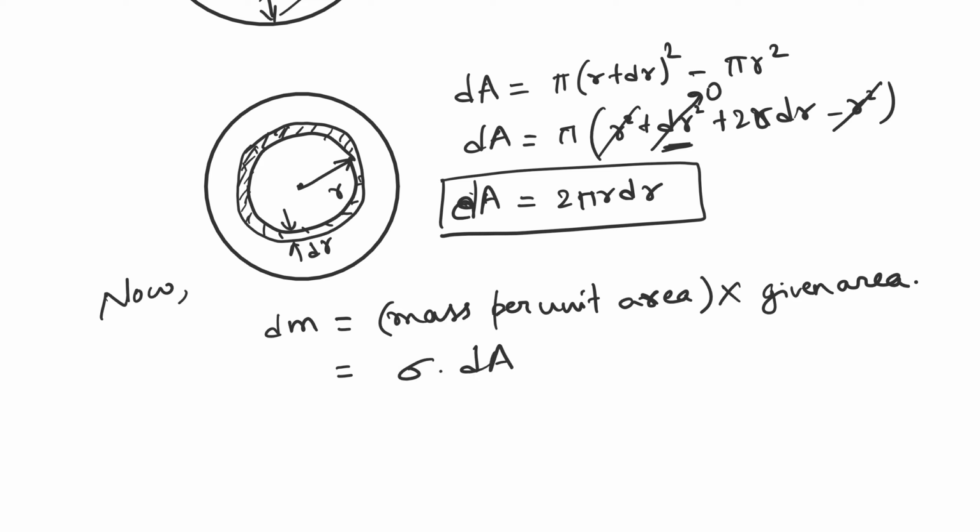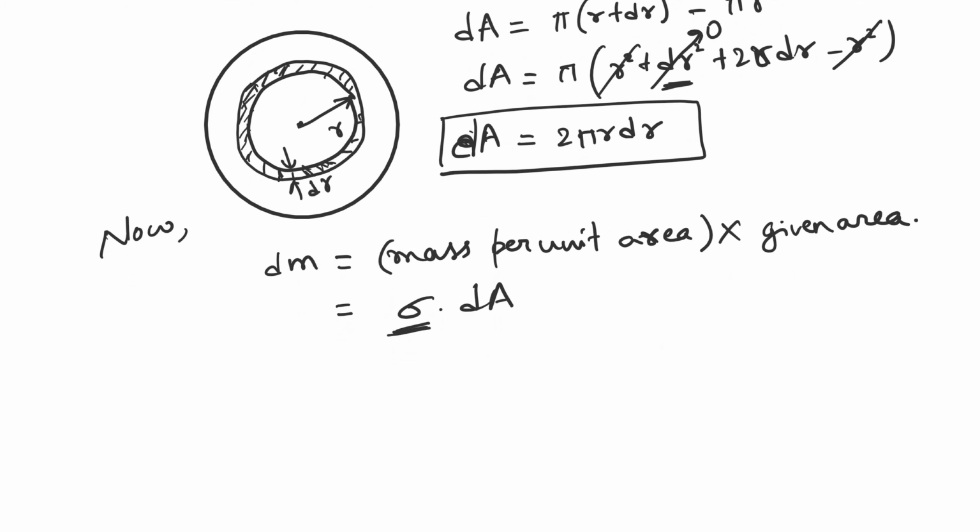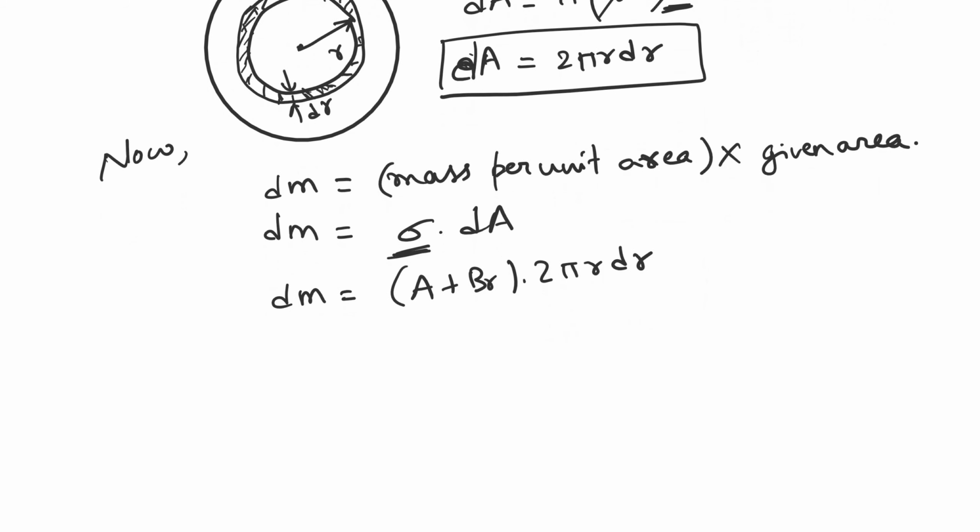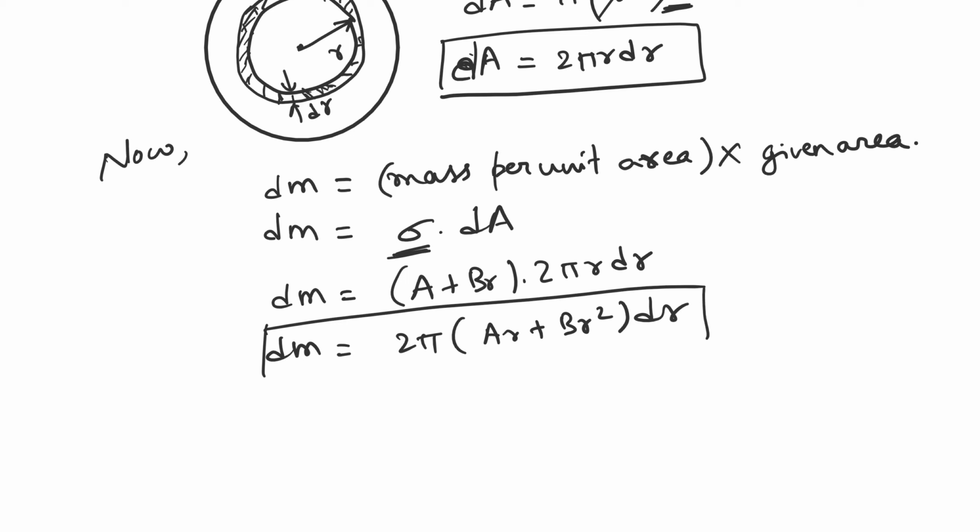One thing we have to make sure is that since this ring element is very small, we can consider sigma to be constant for it. So dm is, putting the value of sigma, a plus b into r, and dA is 2 pi r dr. So this gives dm, which is 2 pi times (ar plus br square) dr. So this is our mass.